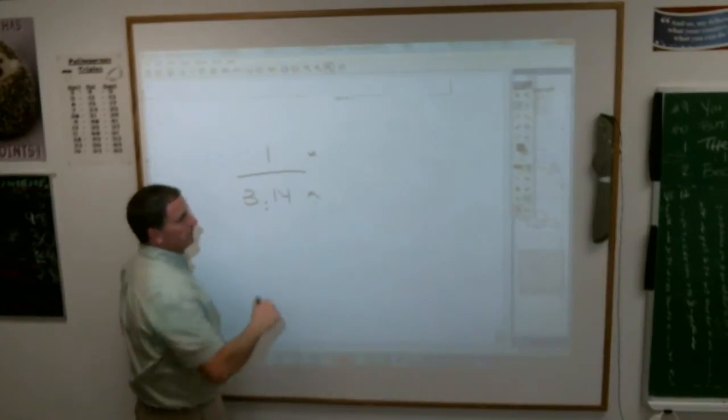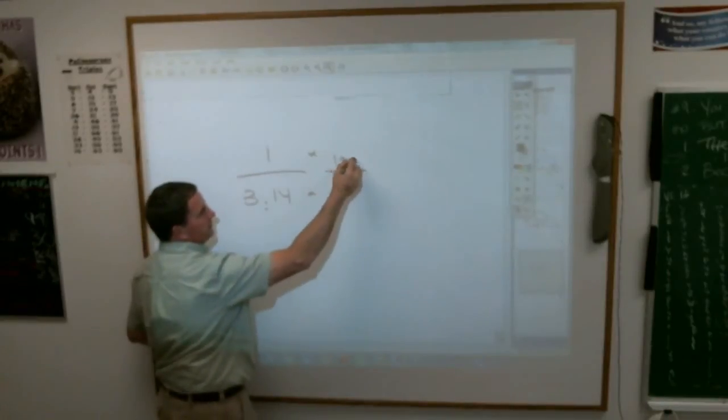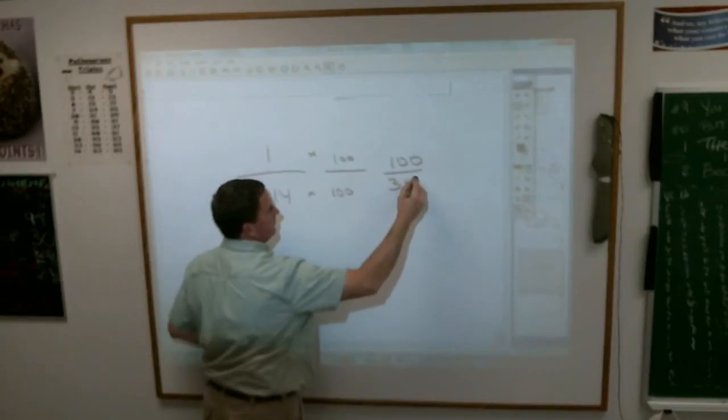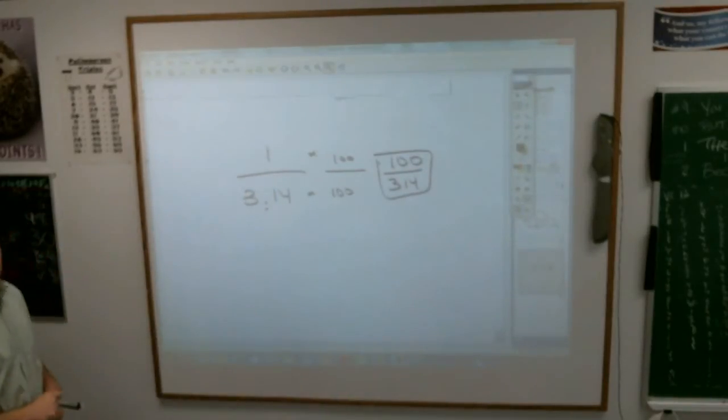Well, you have to multiply by a fraction that equals 1. How would I get this decimal to go over here? Multiply both top and bottom by 100, and I get 100 over 314, without the decimal point. You want to have one more, don't you? Yes.